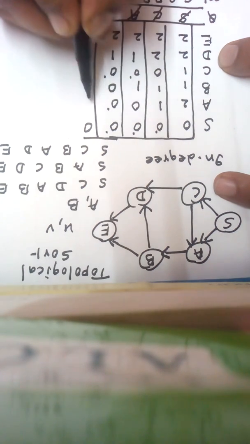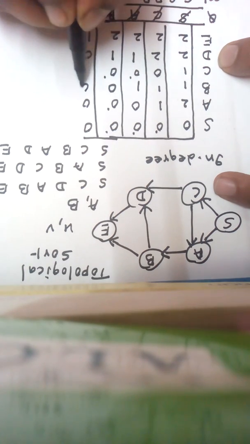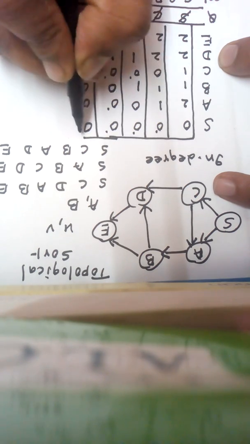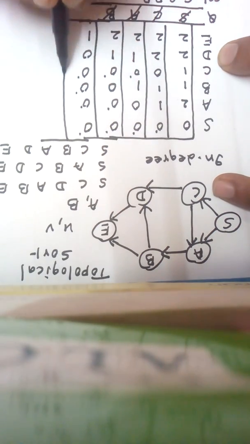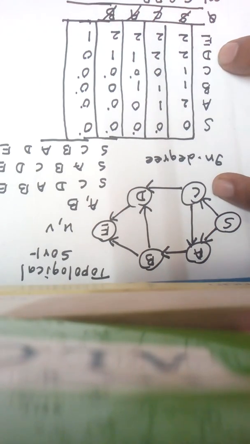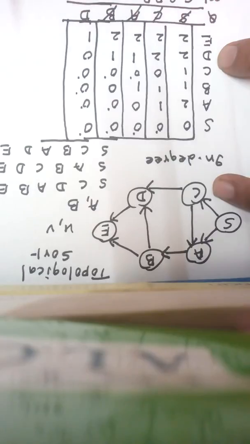So these vertices are done with already. Now we need to check if there is any new vertex with in degree 0. Yes, there is. It is D. So this D is the new one into my Q.